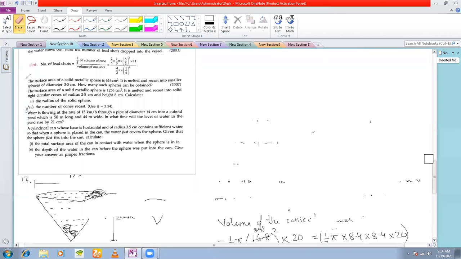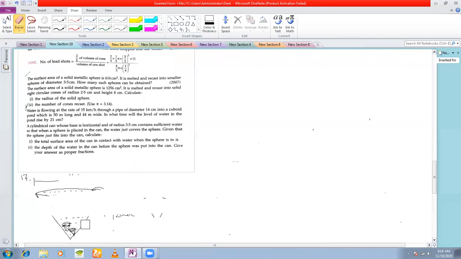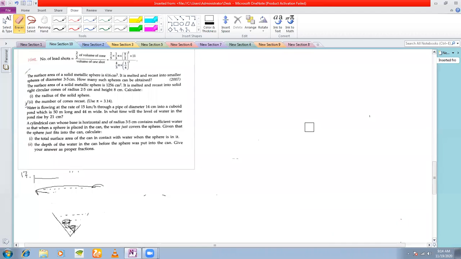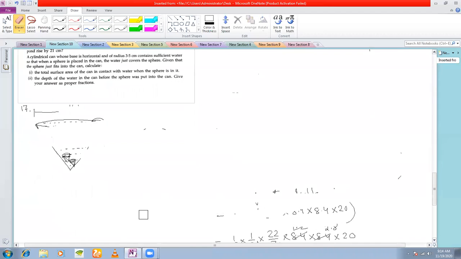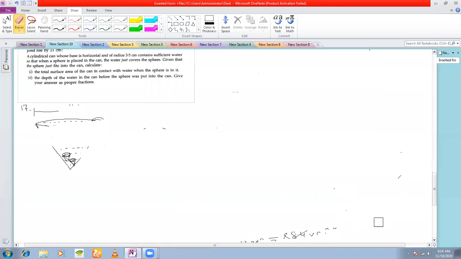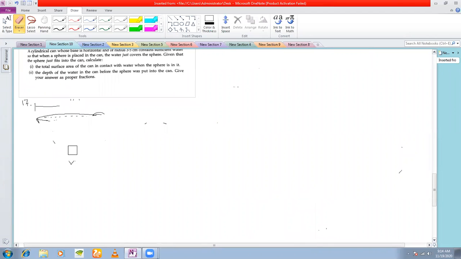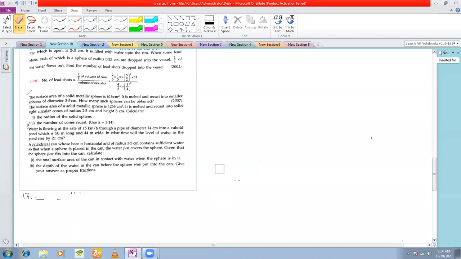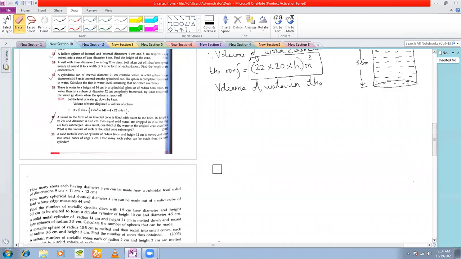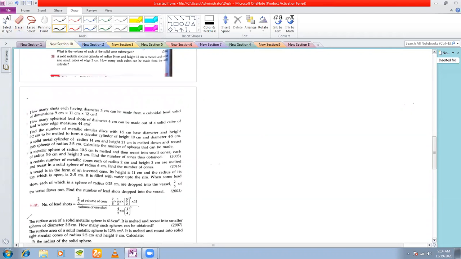Whatever the material is, whether it is made of iron or tin, that cylinder of given radius and given height is melted. And after melting, what is formed is small cubes whose edges are 2 centimeters.